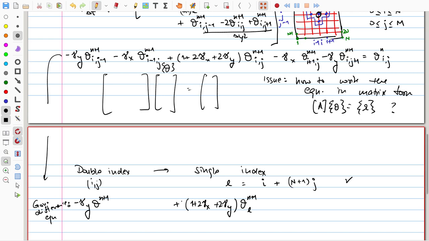So then i, j minus 1 becomes one point below that point. So the coordinate would be L minus n minus 1, right?